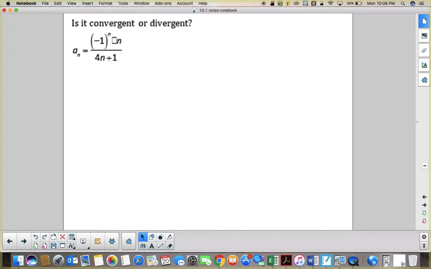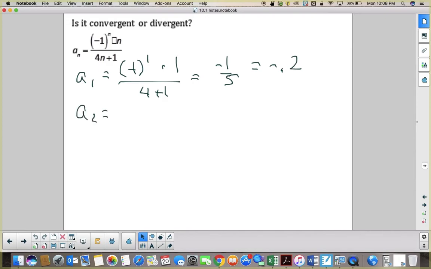A sub 1: we've got negative 1 to the first power times 1 over 4 plus 1. That would give me negative 1 over 5, so that's negative 0.2.